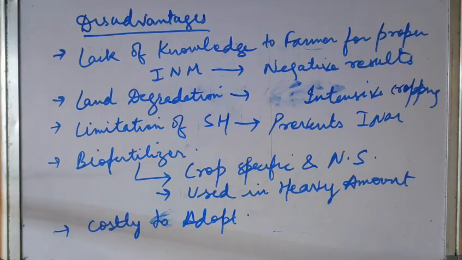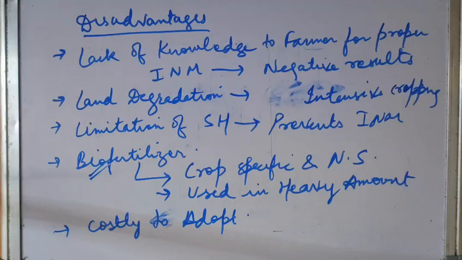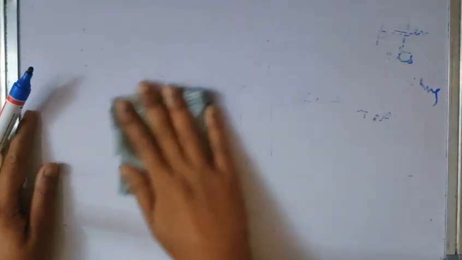So these are some of the disadvantages of INM. Also, these biofertilizers are not available at the ground level in rural areas. Farmers are not aware of what azolla is and what other biofertilizers are. So these are some of the major disadvantages of INM.